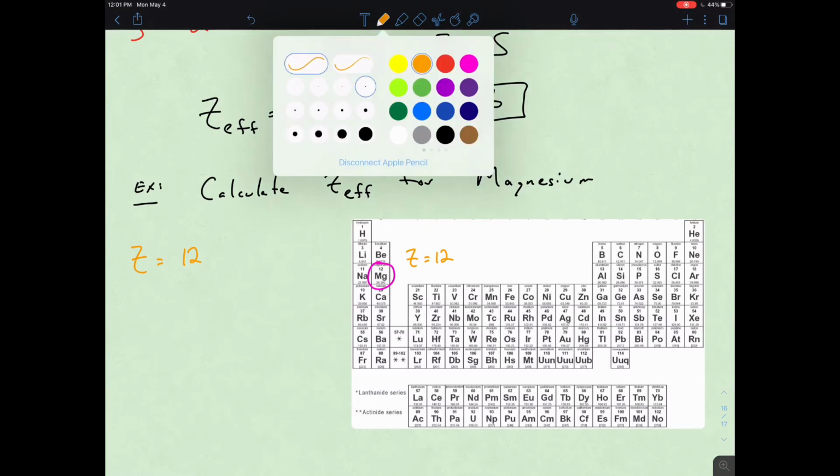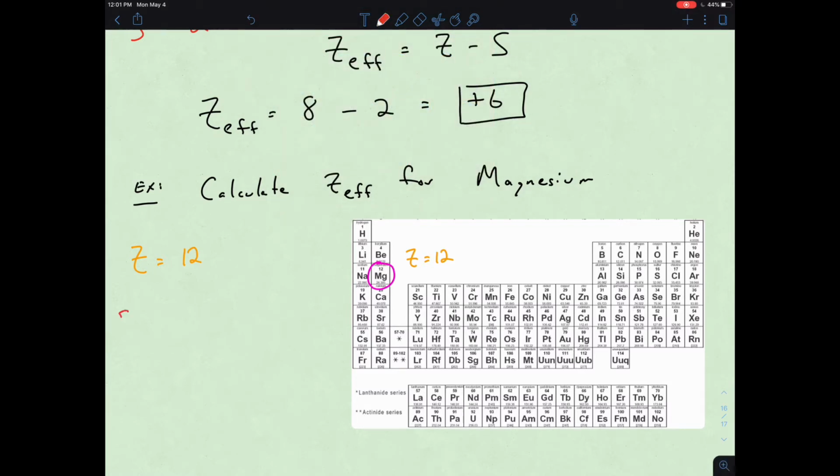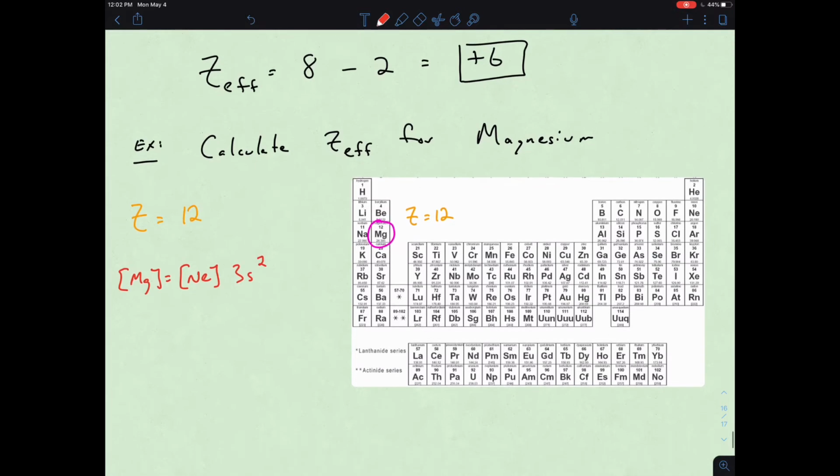If we go to the core electrons, right, magnesium has neon as the core set, and then it would be 3s2 for its electronic configuration. So we have 1s2, 2s2, 2p6, or 10 core electrons.